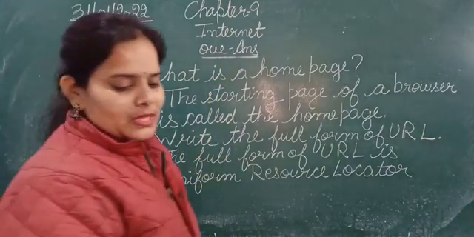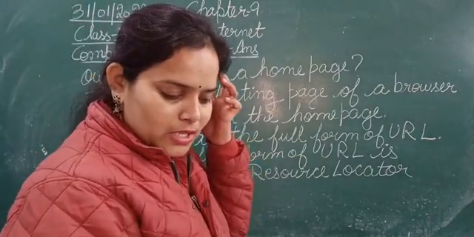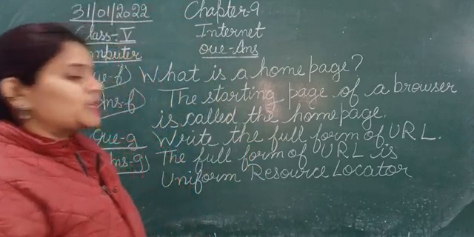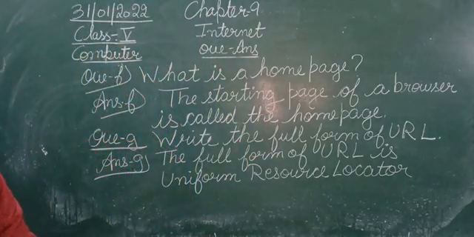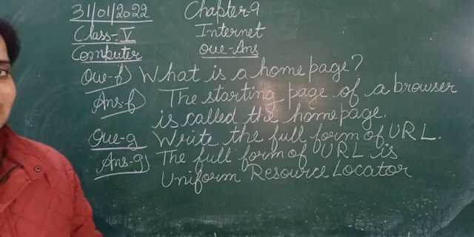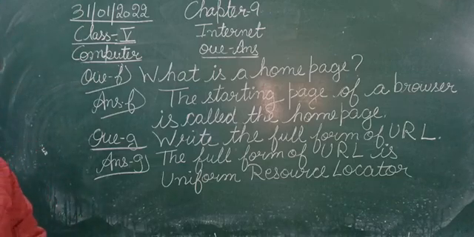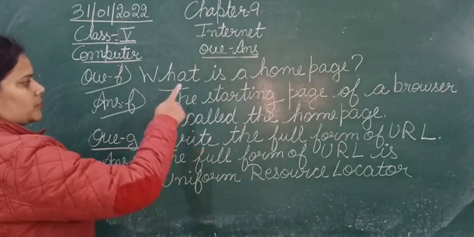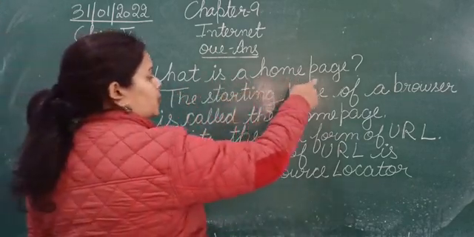Okay. So with this we have completed the question answers of the chapter number 9, and with this we have finished with the syllabus of computer as well. So this was the last chapter that we were discussing. Let me just repeat the question and the answer for the question number F and G. So the question number F is, what is a home page?